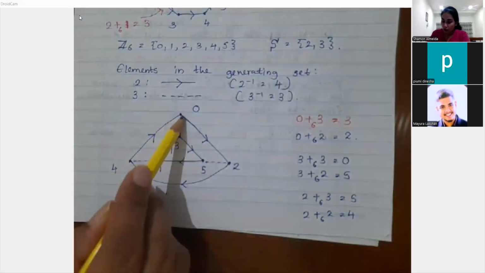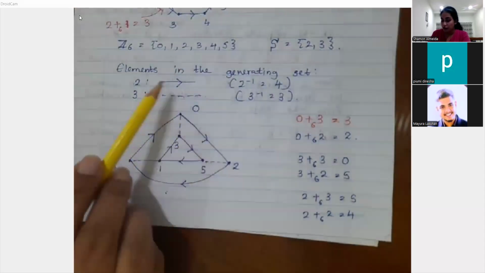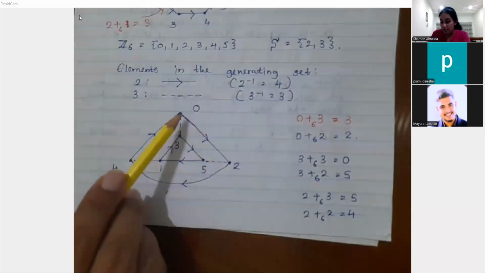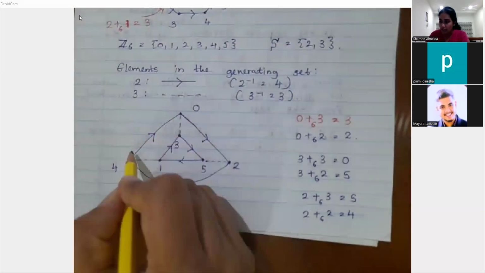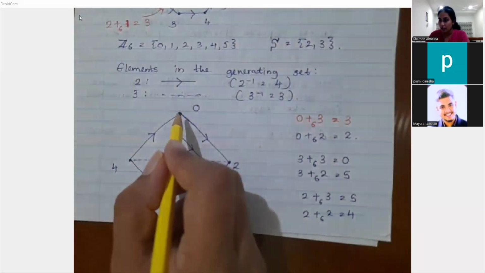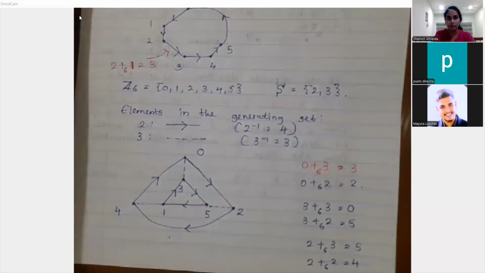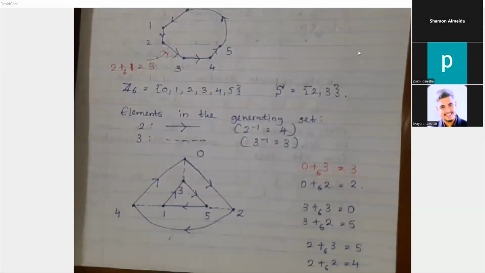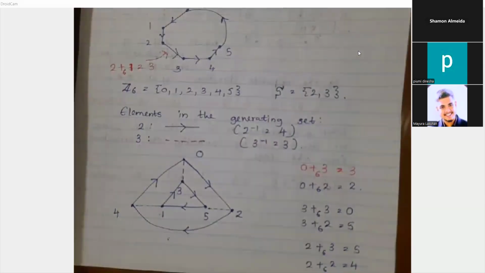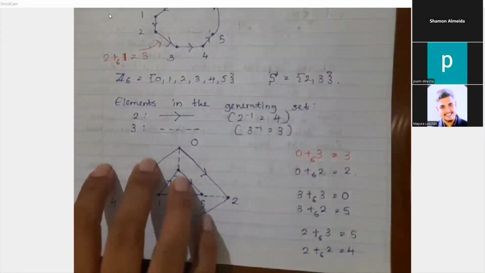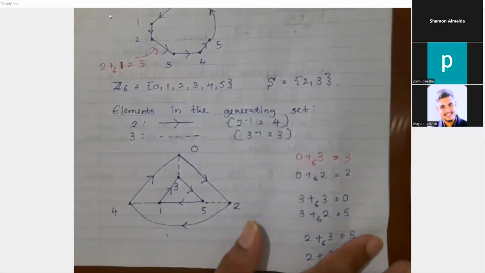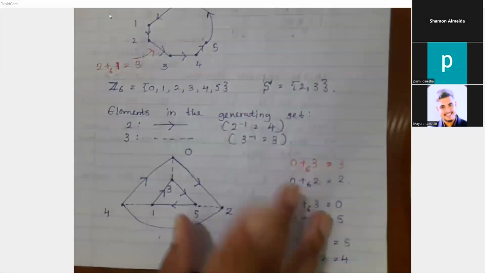If you go to 0, there is only one solid edge starting at 0, one solid edge ending at 0. Right. So this is what we call a Cayley diagram.